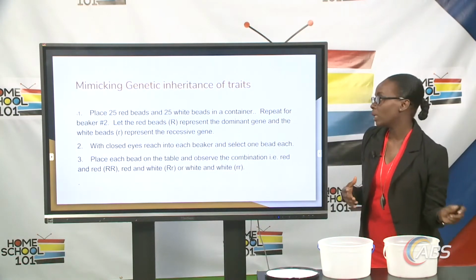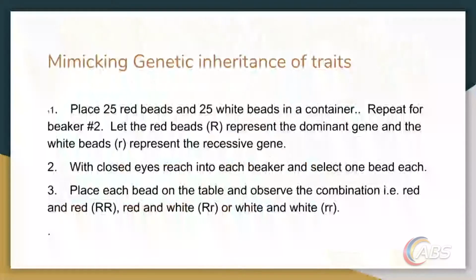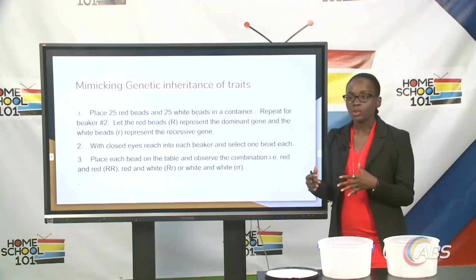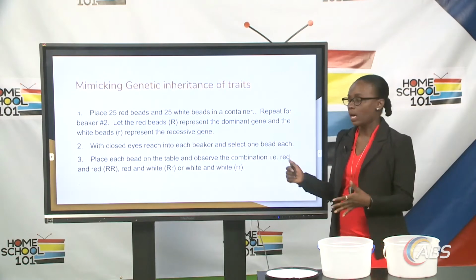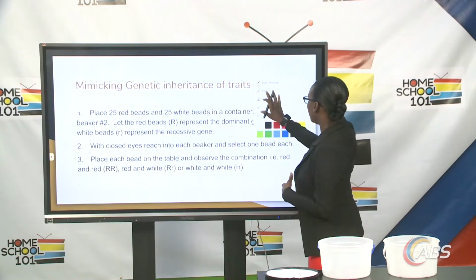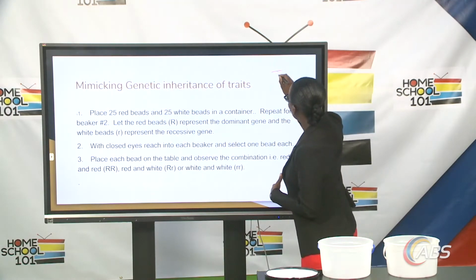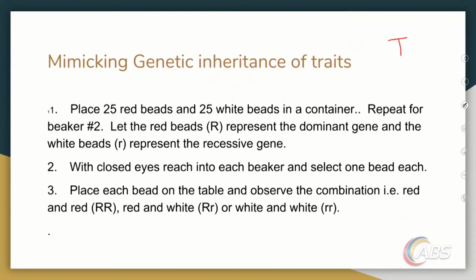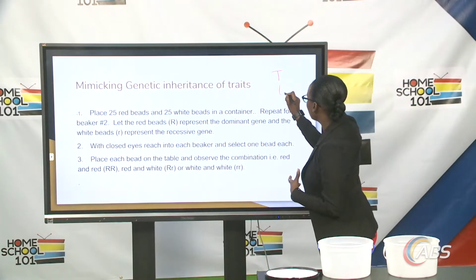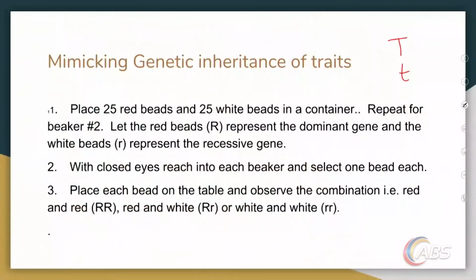So we usually use the dominant trait to represent what the letter is going to be. If we're talking about tallness, tallness is dominant to shortness, and so the genotype would be capital T, and that means that you are tall. If we are going to represent the recessive allele, it will be the lowercase letter of the same letter from the dominant gene. All right?